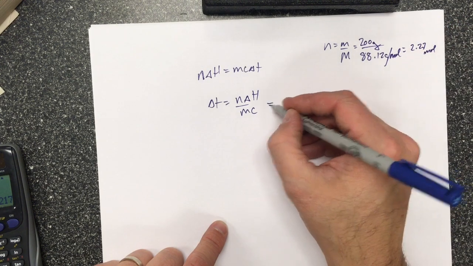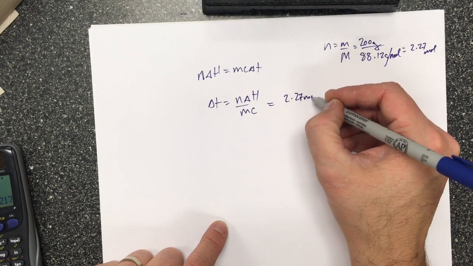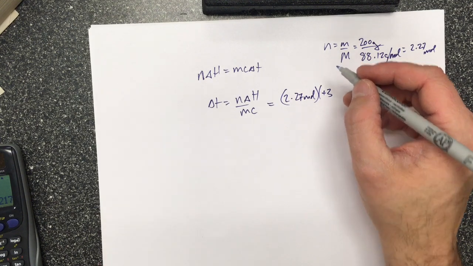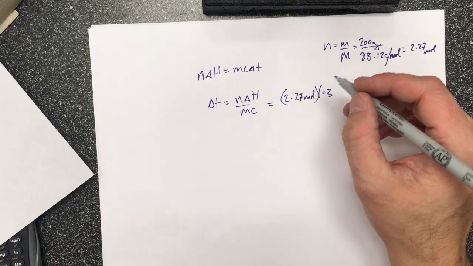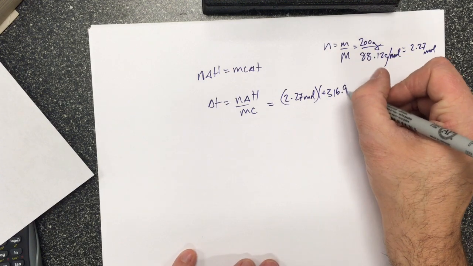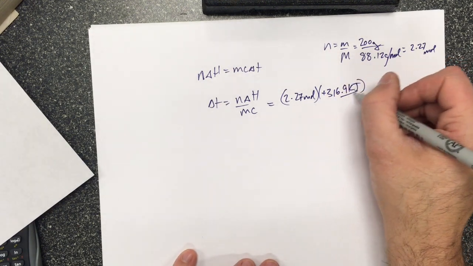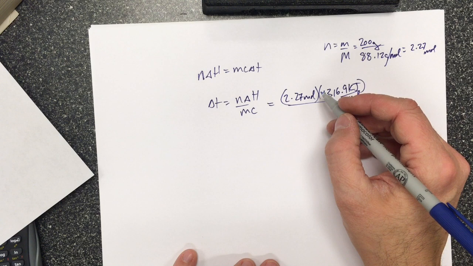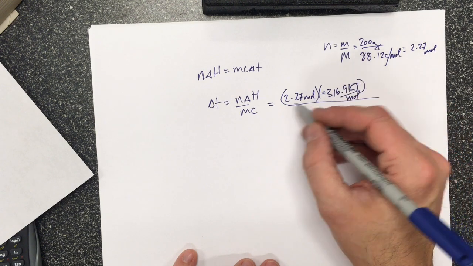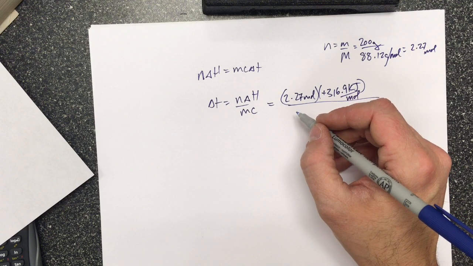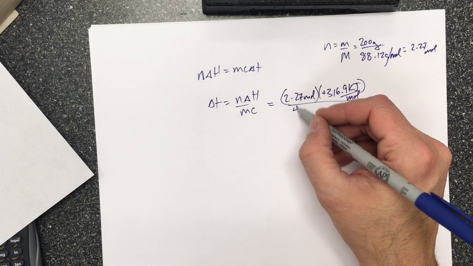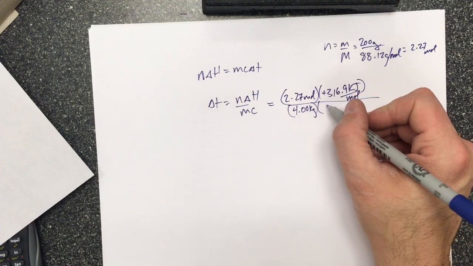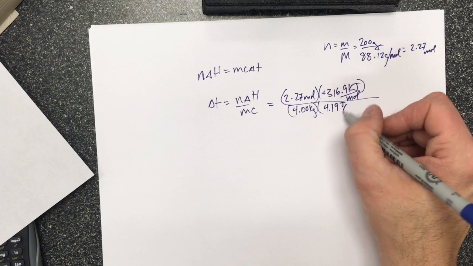The molar enthalpy is positive 316.9 kilojoule per mole of the product being reacted, and we're going to take m c, so the mass is 4.00 kilograms because it's 4 liters, and the c is 4.19 joules per gram degrees Celsius.